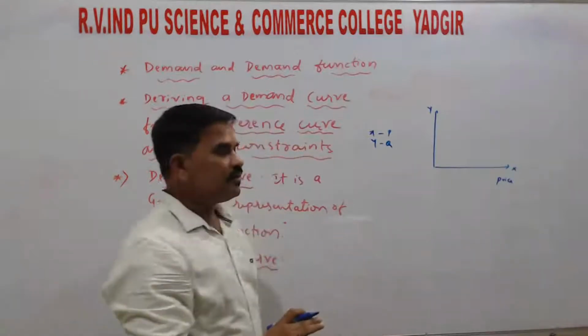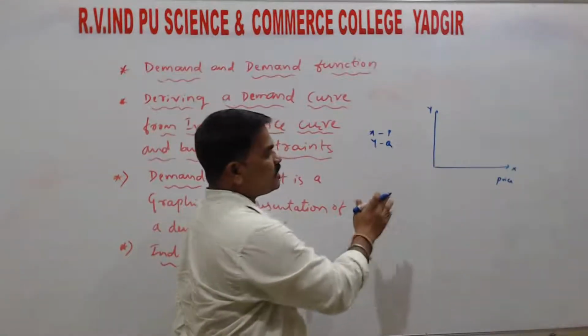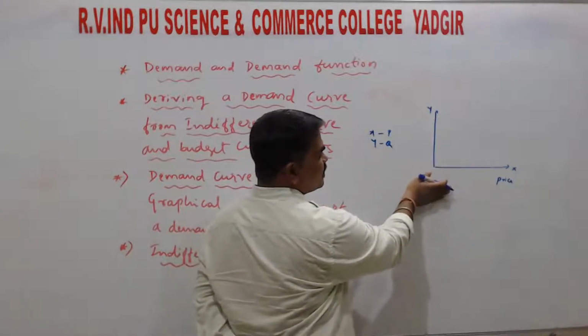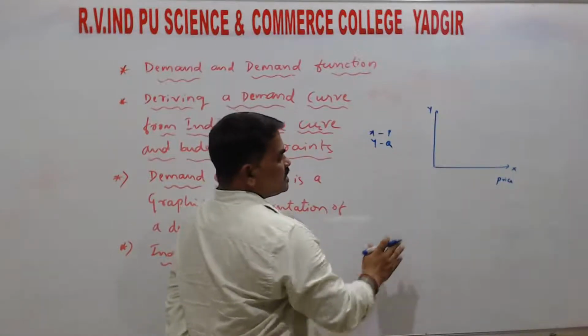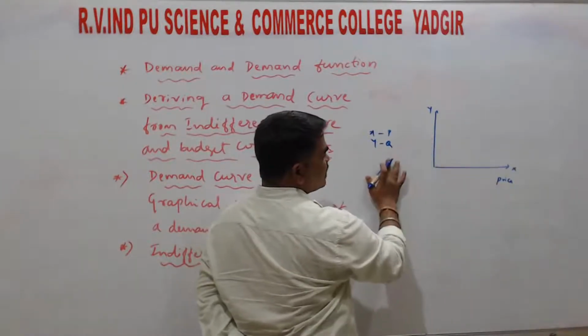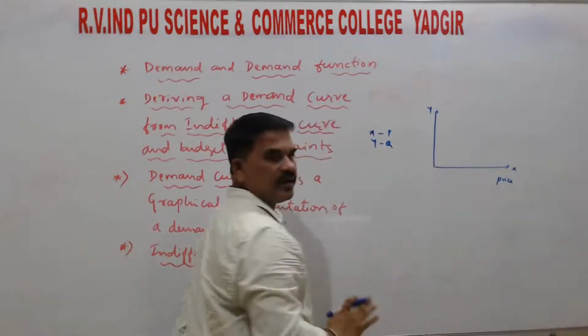Correct? And I also mentioned that in economics, if we are discussing demand curve, this is vice versa. This is in opposite order. Instead of taking price in x-axis, we will take the price in y-axis and quantity in x-axis. Correct?